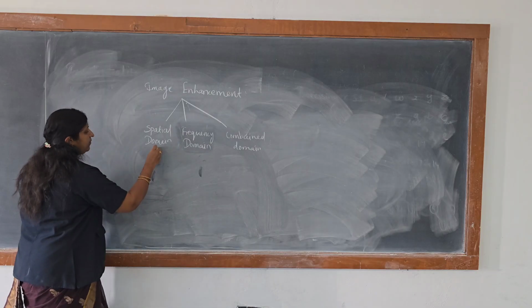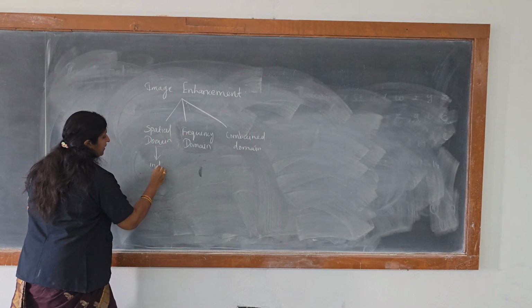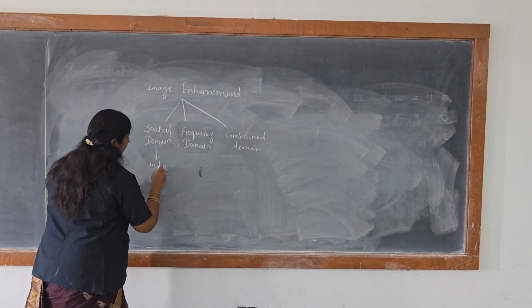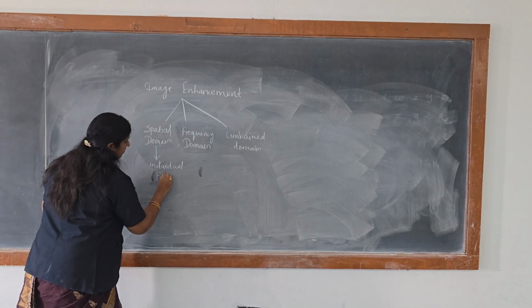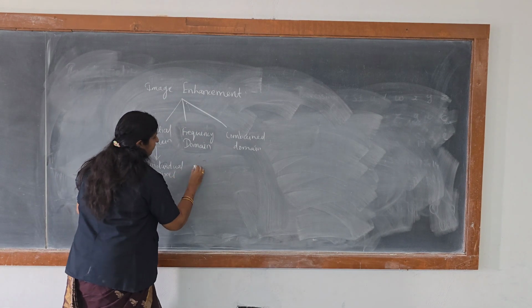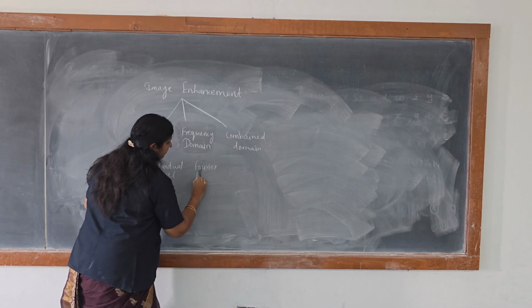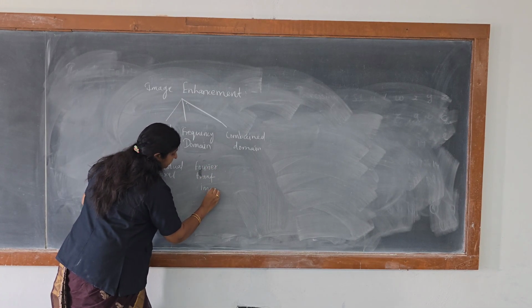Okay, so here we are manipulating the individual pixels. Here we use the Fourier transformation over the whole image.